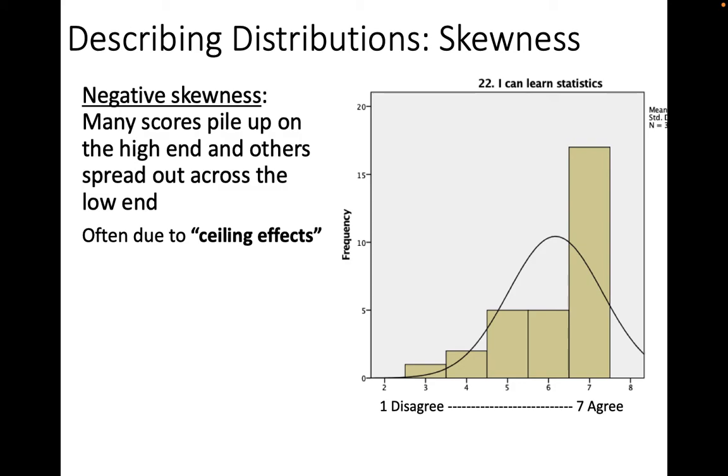Well, you can't do better than 100%, so most of the scores are going to pile up at that very upper end, and there would only be a few adults that would get a bad score on a multiplication test. So those are just a couple examples of how we might get either a positive skew or a negative skew in some real-world examples.